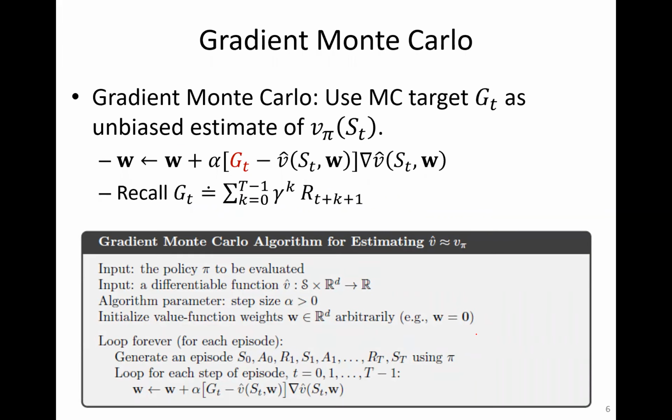And at every step, you update the W using G_t to replace the ground truth v pi of S_t. Remember, G_t is the return from the current time step until the end of the episode. So that's gradient Monte Carlo.